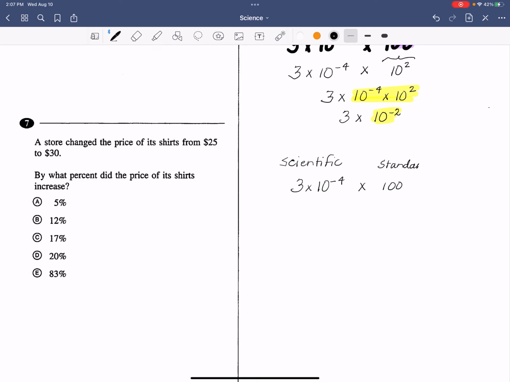So let's put everything in standard. So this is going to be a 3 with 4 decimal places to the left. So 1, 2, 3, and the 3 is the 4th place. So you have 4 decimal places.